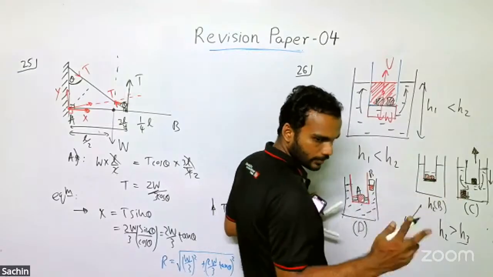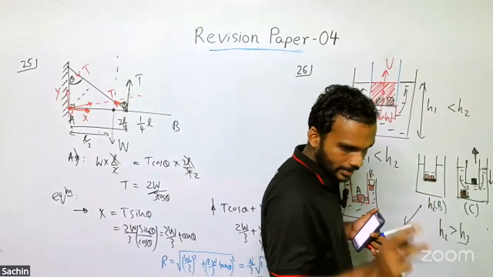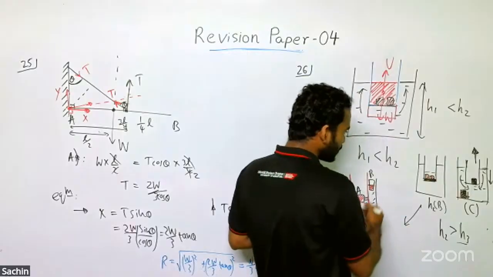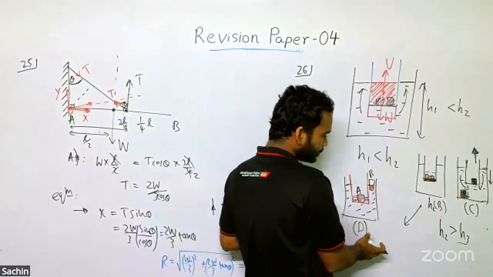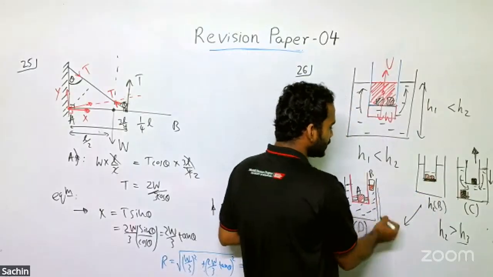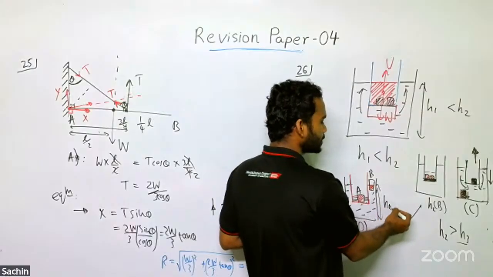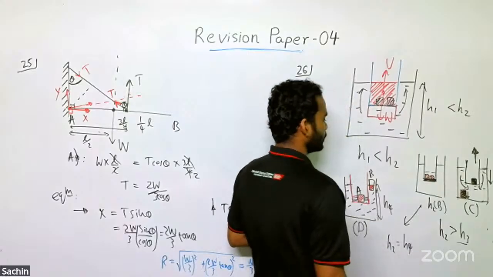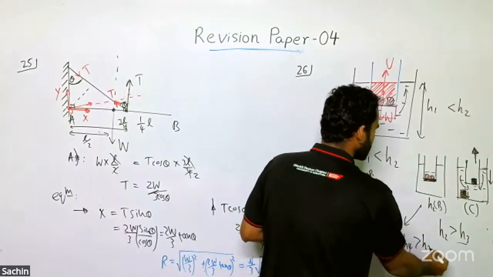Here also, all three floating. So all three floating means the same amount of liquid should be displaced. So if the same amount of liquid is displaced, then the height of water in both cases again should be equal. So H2 should be equal to H4, and H3 should be less.